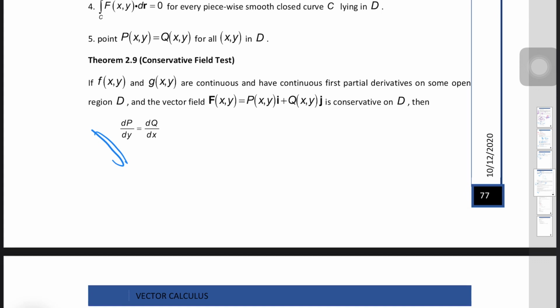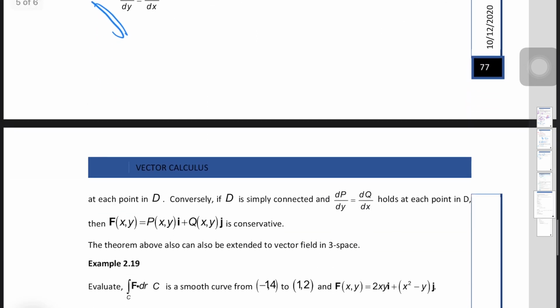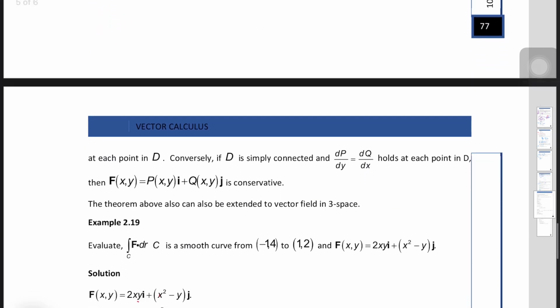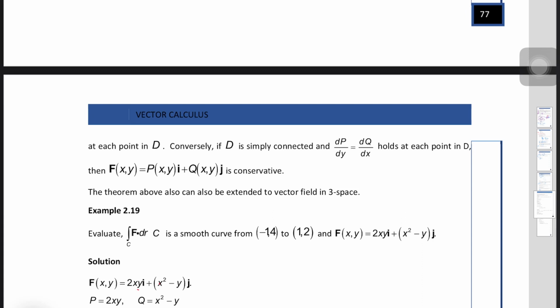Di mana kita tunjukkan, want to show that the vector field adalah conservative. At each point in D, conversely, if D is simply connected and dP over dy equal to dQ over dx at each point in D, then F(x,y) equal to P(x,y)i plus Q(x,y)j is conservative. Okay. The theorem above also can be extended.